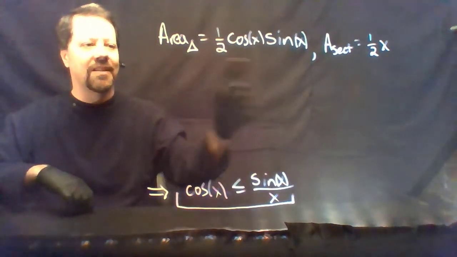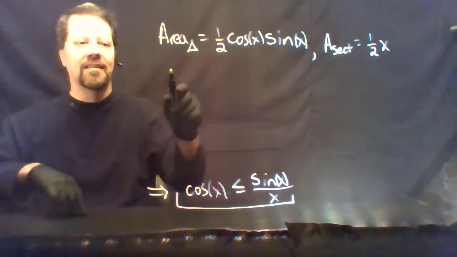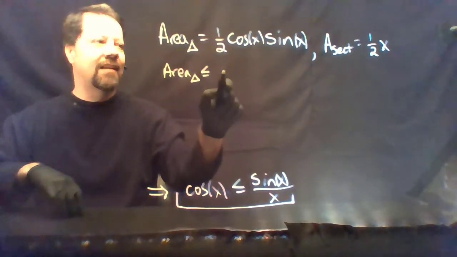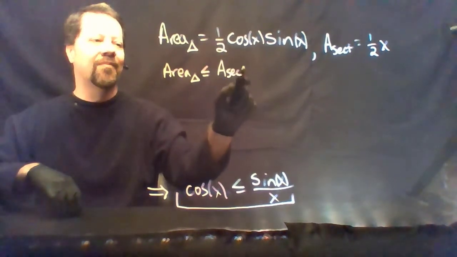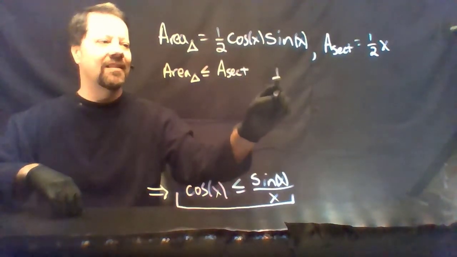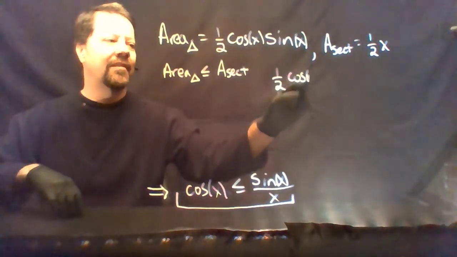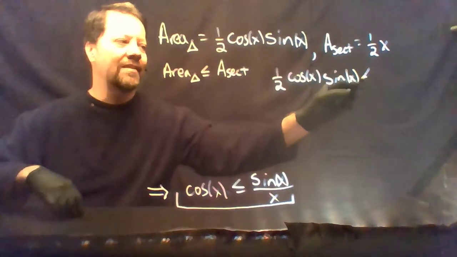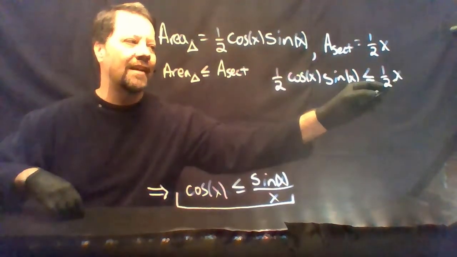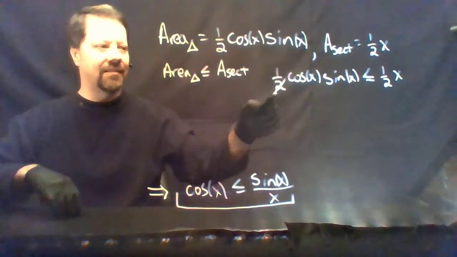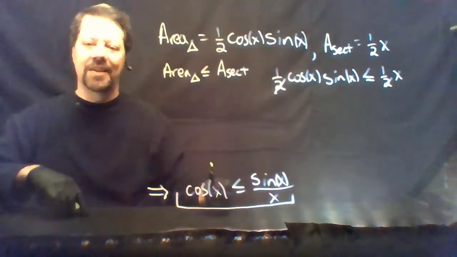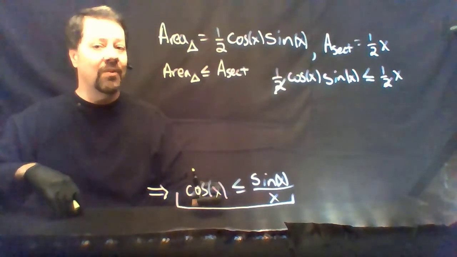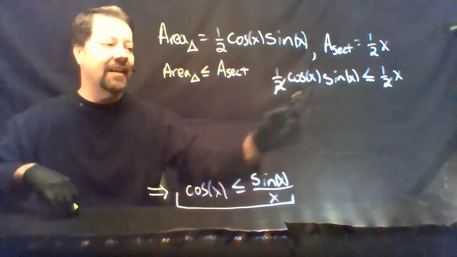We're going to work on this other part of the inequality. The area of the small triangle is less than or equal to the area of the sector. That implies 1/2 cosine of x sine of x is less than or equal to 1/2 x. Again, you can multiply both sides by 2 and cancel off the 1/2. We also intend to divide both sides by x.